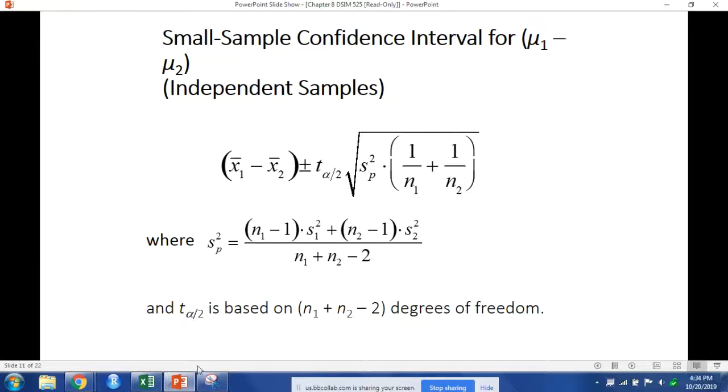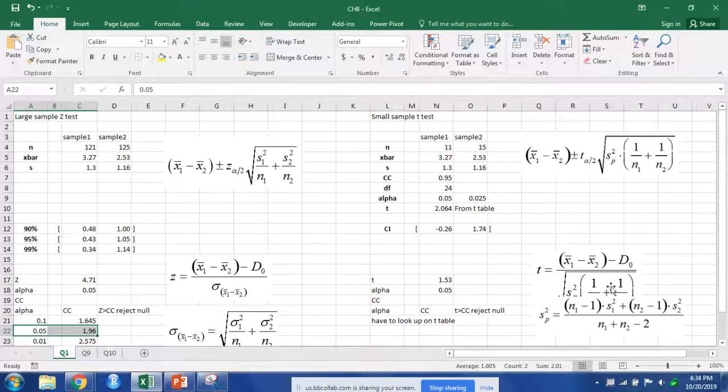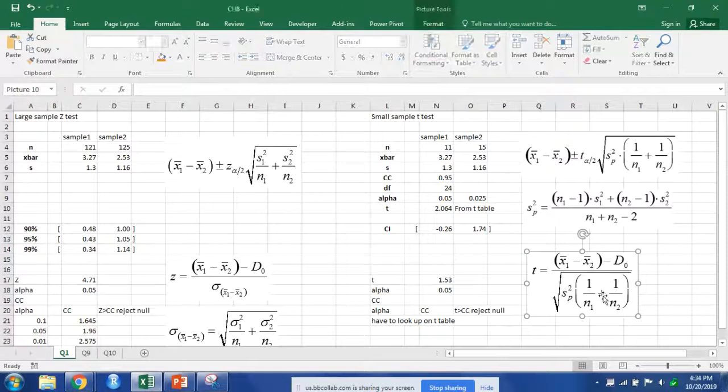I've also created a formula for calculating that out. Let me move that up there. So this is how we calculate our confidence interval. This is how we calculate the pooled variance that is used. And of course the t statistic that we'll need to do our hypothesis test.